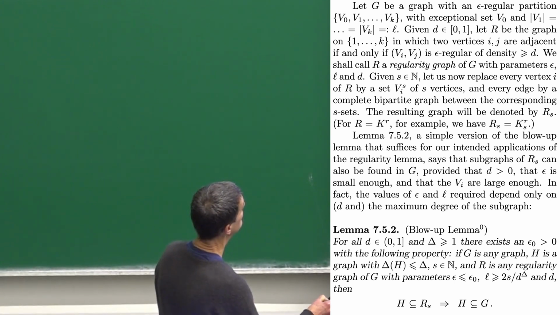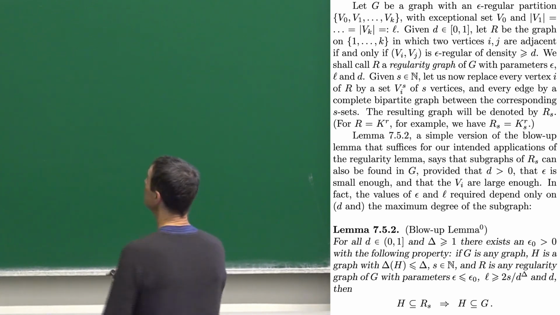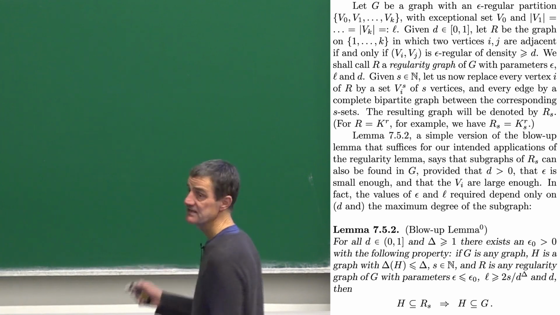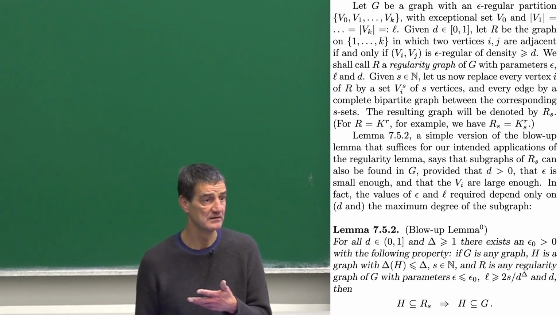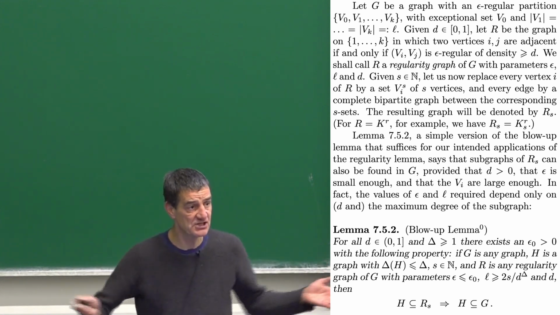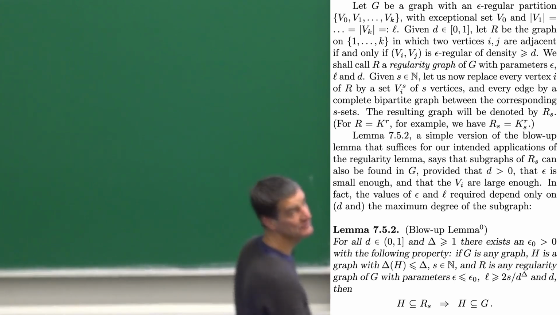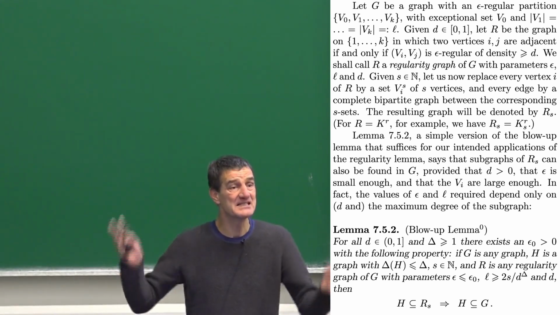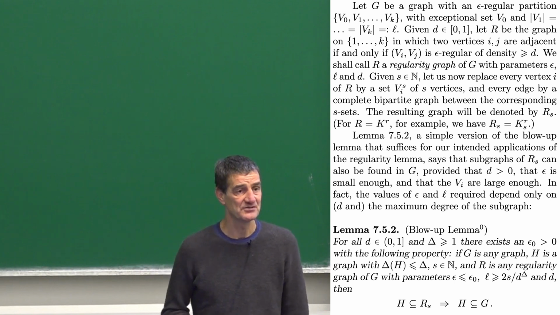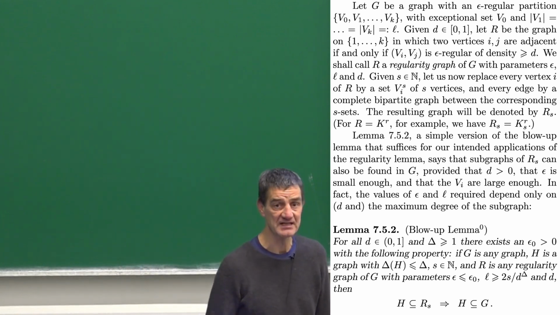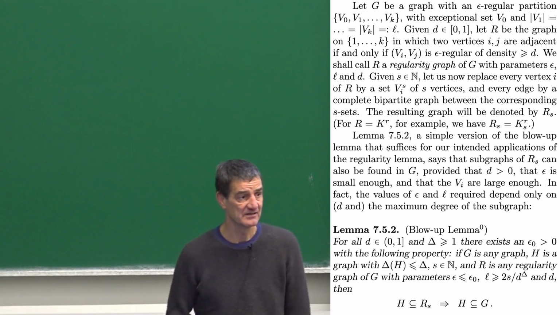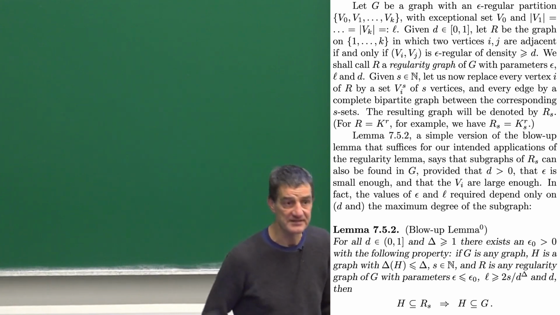So we need bigger classes. Little l has to be bigger, right? When the classes are bigger, that helps us find H in G, right? And we need these classes to be bigger when S is bigger, yes, of course. When S is bigger, it makes it easier for us to embed H in RS. So we can embed more H's.